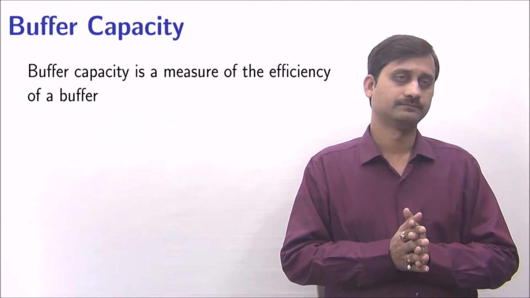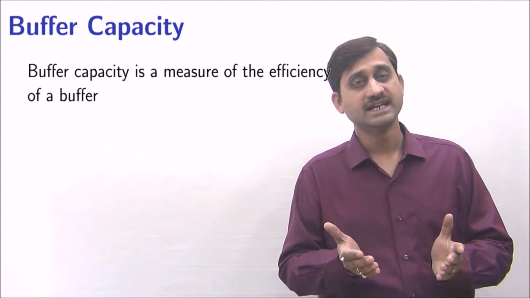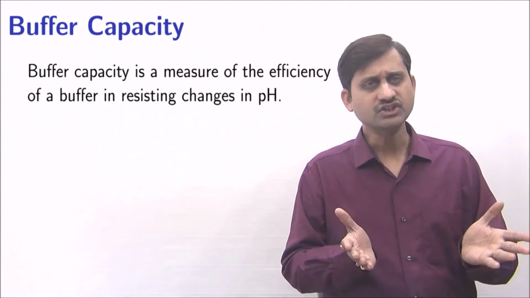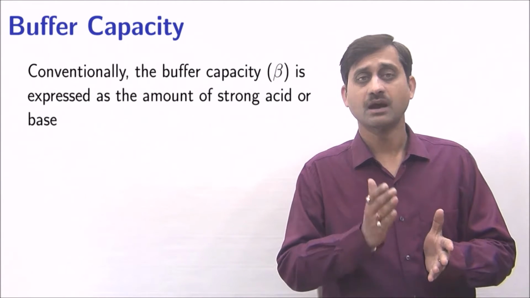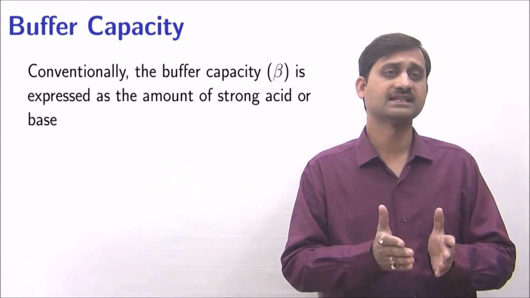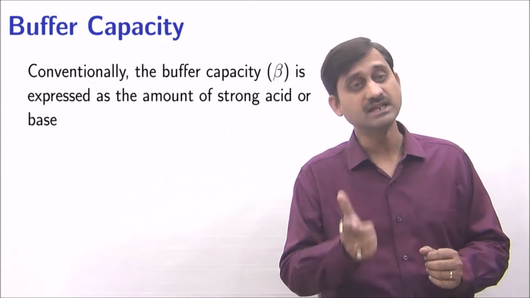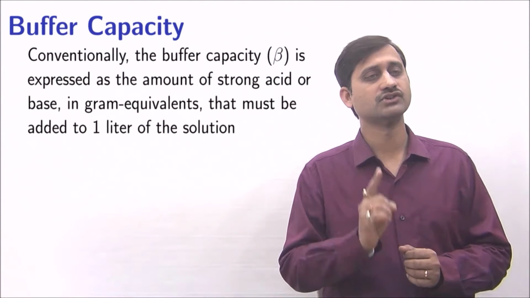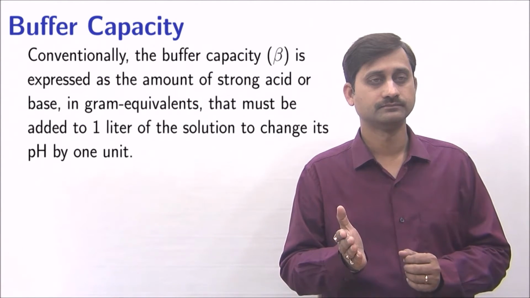Buffer capacity. It is a measure of the efficiency of a buffer in resisting changes in pH. Conventionally, the buffer capacity, that is beta, is expressed as the amount of strong acid or base in gram equivalents that must be added to 1 liter of the solution to change its pH by 1 unit.